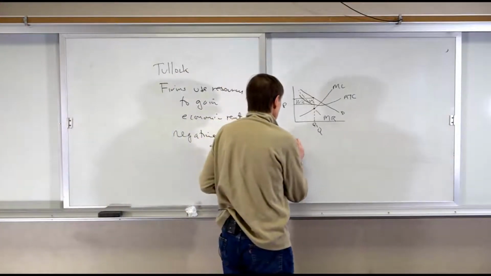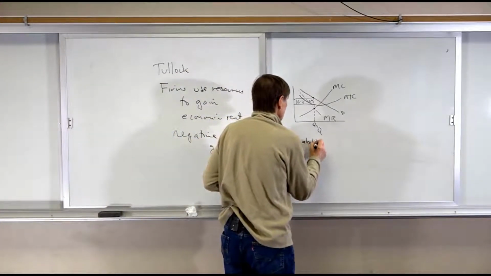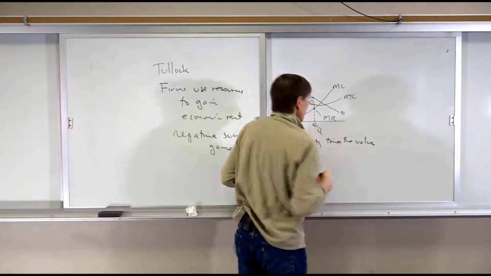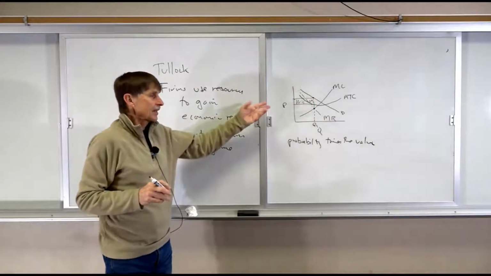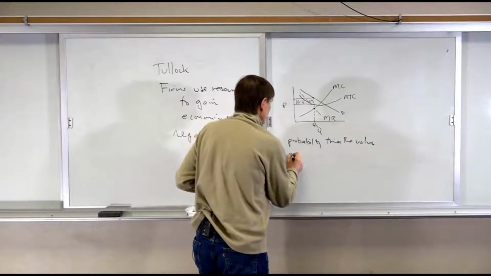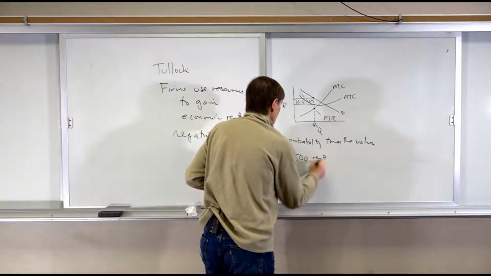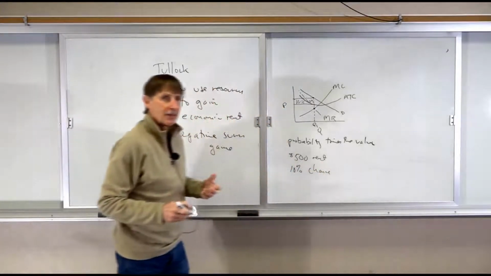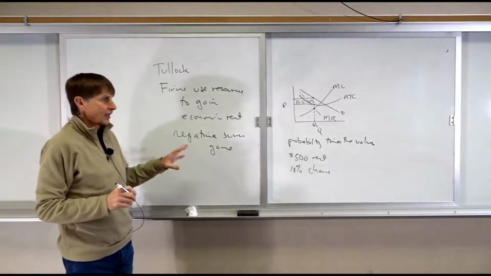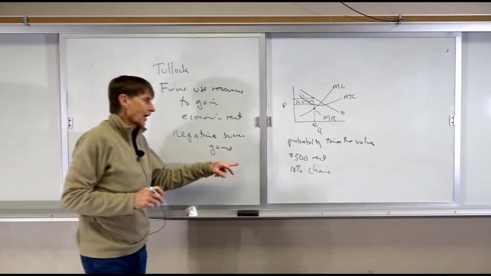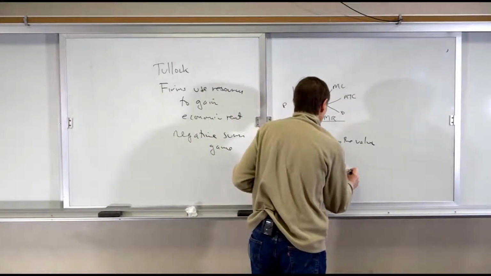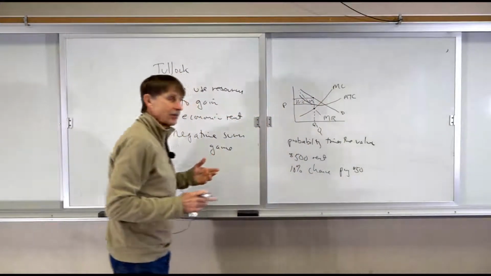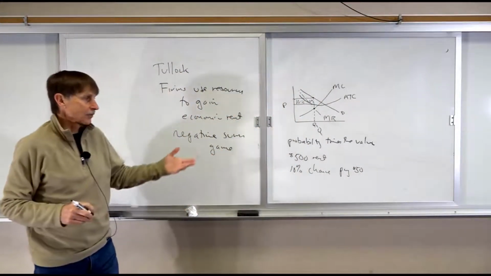We're going to take the probability times the value, right? So if, let's say I could make $500 in rent, and I got a 10% chance of getting that, if I hire a lobbyist, I got a 10% chance that I'm going to end up getting that thing passed, then what would happen? I would pay up to $50, right, in order to hire lobbyists in order to get this rent.